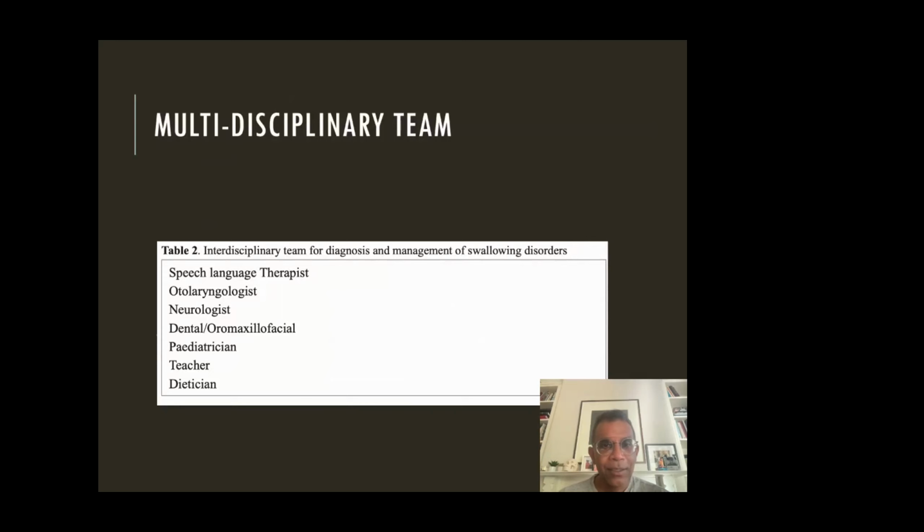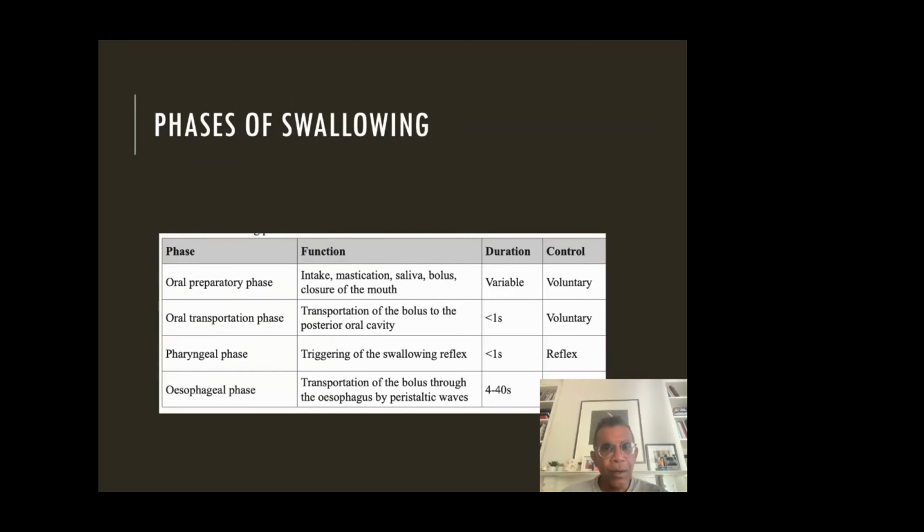Dysphagia is best managed by a multidisciplinary team. At our hospital, we have a multidisciplinary team that extends beyond those listed in this slide. When dealing with dysphagia, one needs to separate a behavioral feeding disorder from a swallowing disorder.